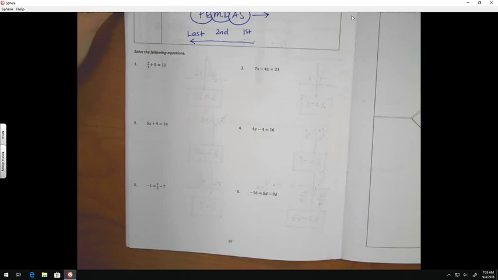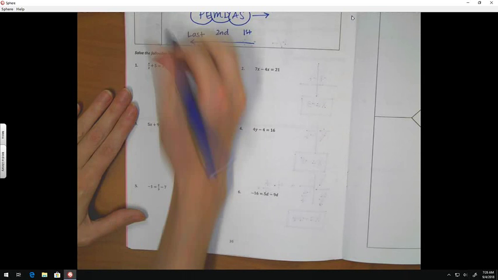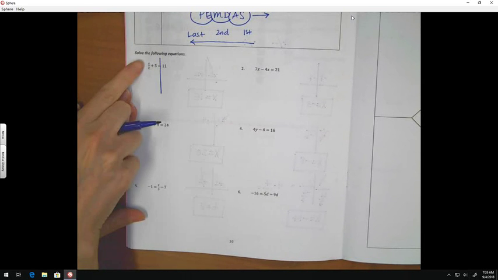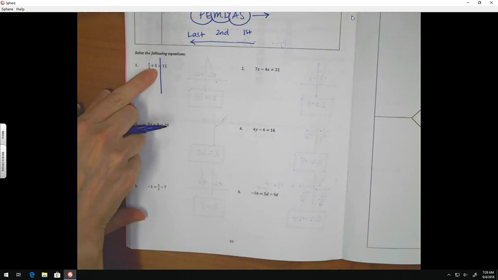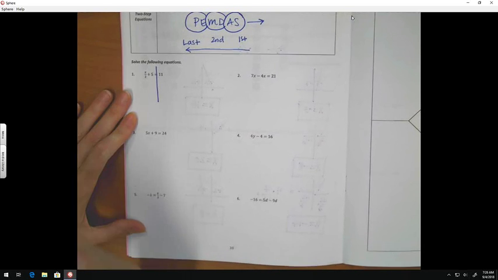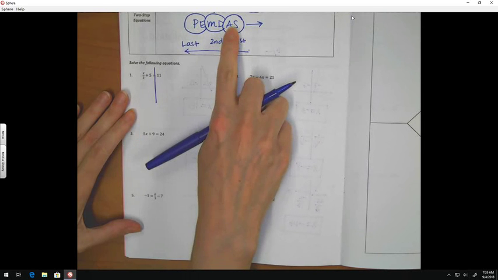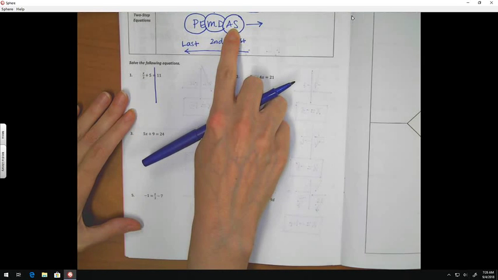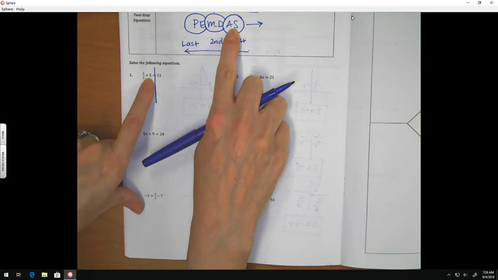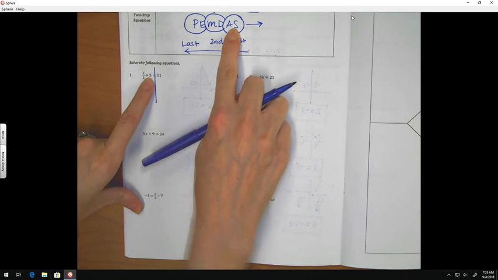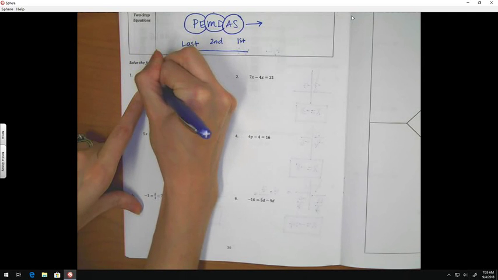So look at number one. When we draw the wall, we have a dividing and an adding, and we need to undo both. But we have to do it in the right order. So we have to undo the addition and subtraction first. First we need to get rid of this 5. To undo a plus 5, we minus 5 from both sides.